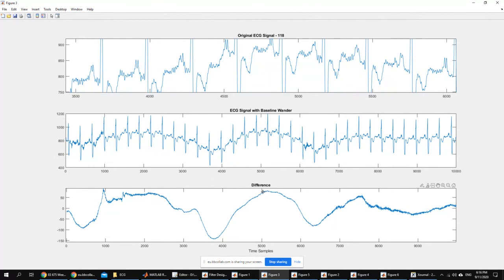The difference, if we start from 5,000 and go all the way to 7,500, is 2,500 points. If you want to convert that to time, you multiply by Ts, which is 1 over 360.